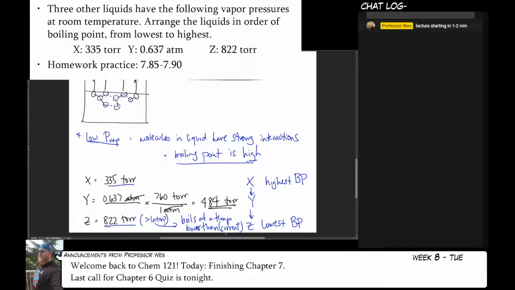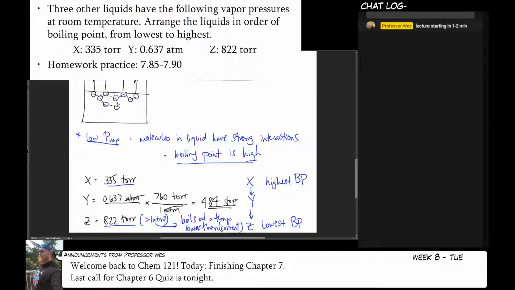It was liquid nitrogen. Liquid nitrogen's boiling point is like minus 180 Celsius or something like that. It's very cold, and as a result of that, it is a gas at room temperature. And its vapor pressure at this temperature would be very, very high.